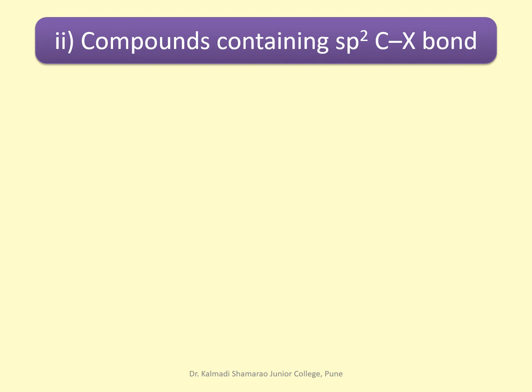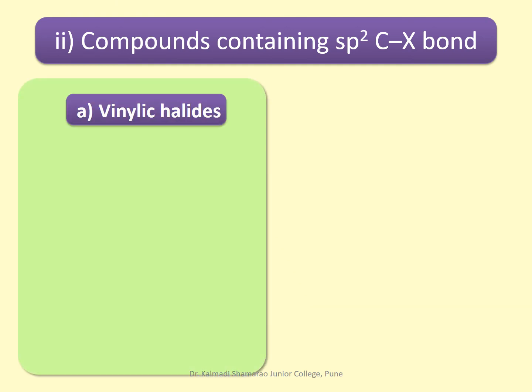Now the second category is of compounds containing sp2 hybridized carbon halogen bond. That is, in these compounds, halogen atom is bonded to a doubly bonded carbon atom. There are two types in this category. First one is vinylic halides.